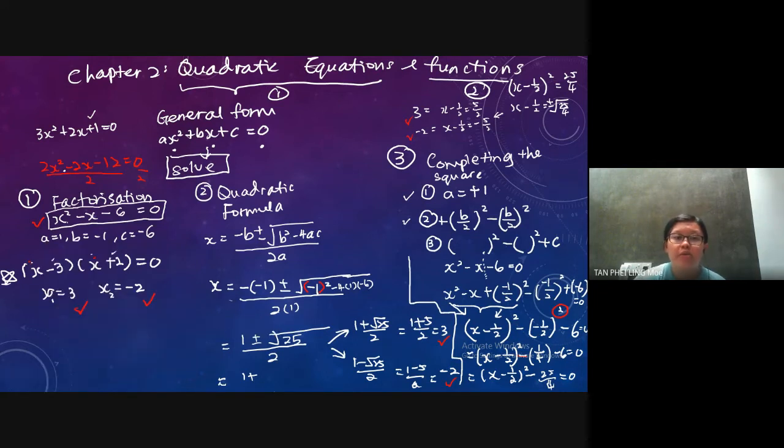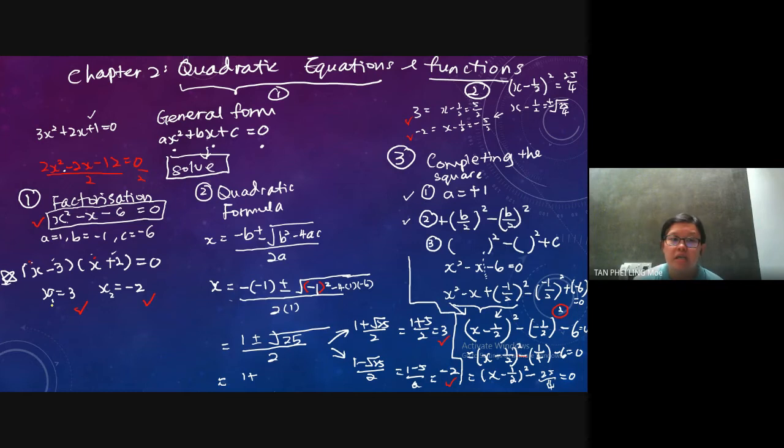Remember, when do you use factorization? Factorization is always the first method that we go to. Why? Because it is the shortest way. How many steps do you see here? 1 step, 2 steps only. That's the easiest one.